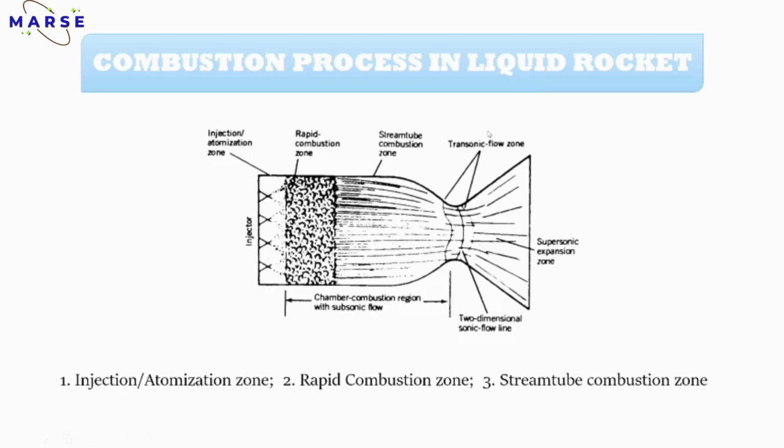In this portion the velocity of the flame, or of the gases, is nearly equal to that range, so that's why it's known as transonic. After that the velocity increases and becomes near supersonic velocity.